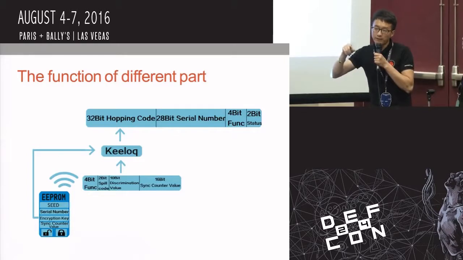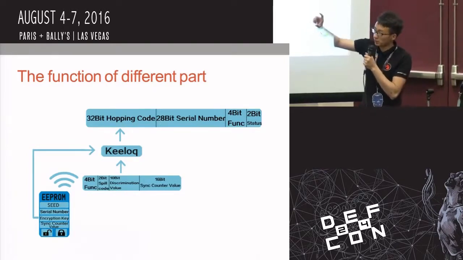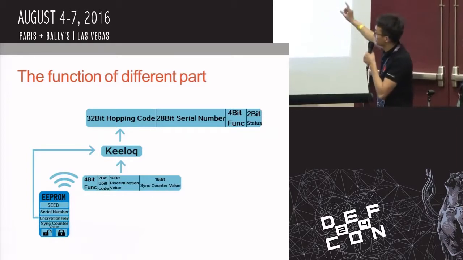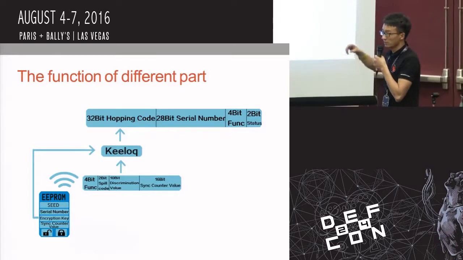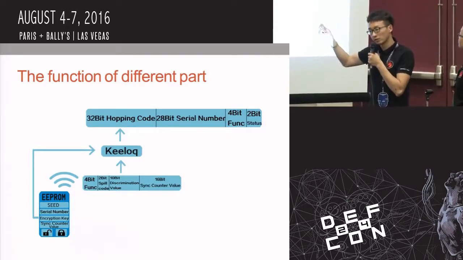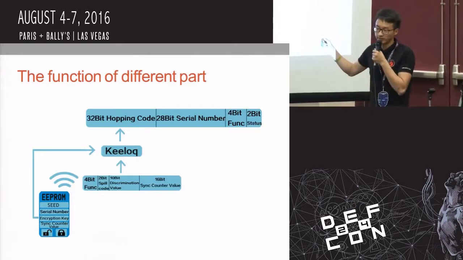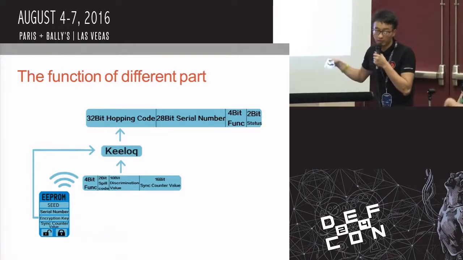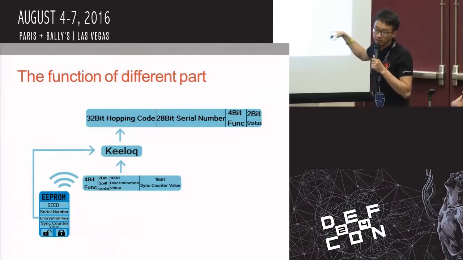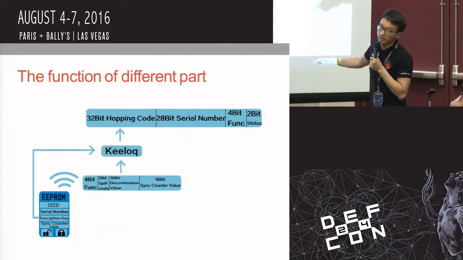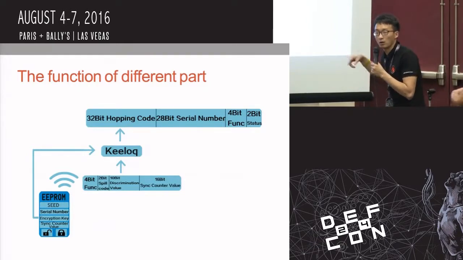When the received sync counter is larger than the one stored in the car, there's a range. If it's larger by 1 to 16, in this range, the car will instantly respond to the function code, open the door or close the door. If it's larger by more than 16, the car enters a state called resynchronization. The car stores both the currently received sync counter and the old counter.